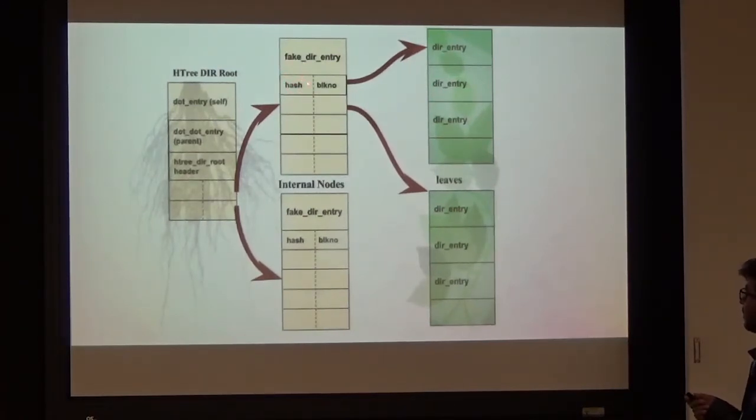If it is lesser, then we'll go ahead in a binary search fashion, and once it matches, or it is just lesser than the target hash, we'll pick that block pointer and travel to the next level, and there we will search the directory files in a linear manner.